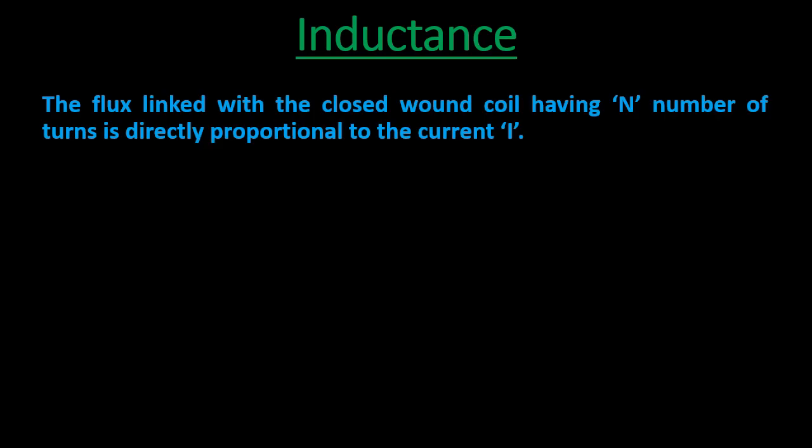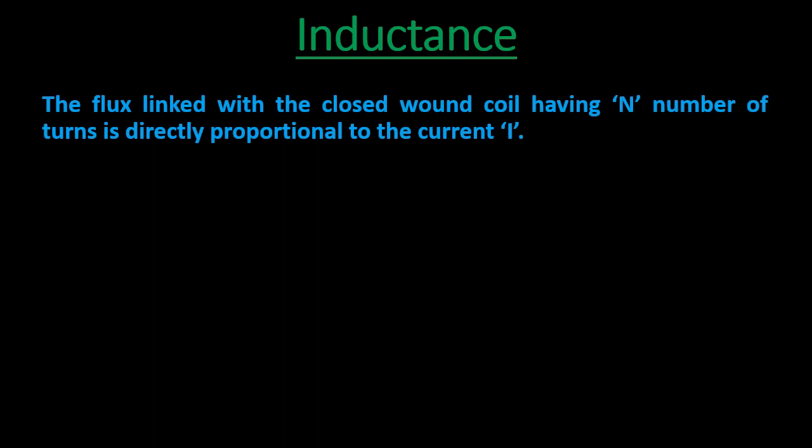We have already studied that the strength of the magnetic field produced by the induced current will depend on the strength of the current. And if that magnetic field is linked with another coil, then the magnetic flux linked with that coil will also depend upon the strength of the current. And if that coil has N number of turns, then the flux linked with the closely wound coil having N turns is directly proportional to the current.